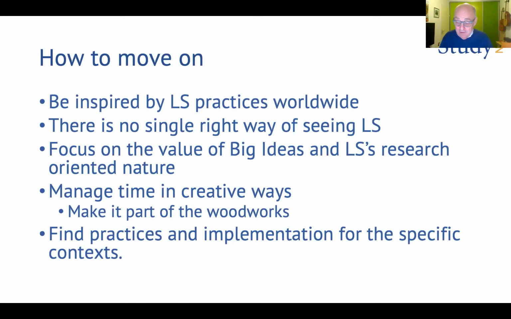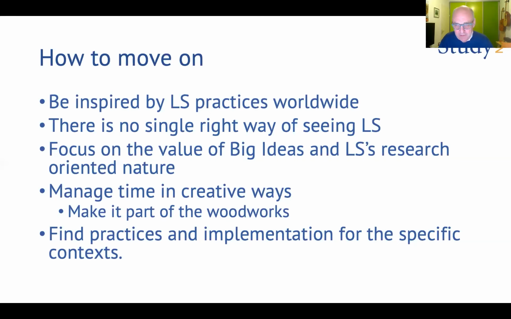I like this idea of having lots of inspiration and not a single mold in which we would like to fit lesson study. I don't think there's one single right way of seeing lesson study, but I do think there are some big ideas that are essential to really make it work.